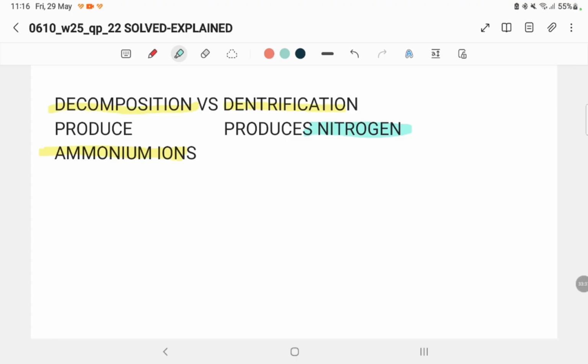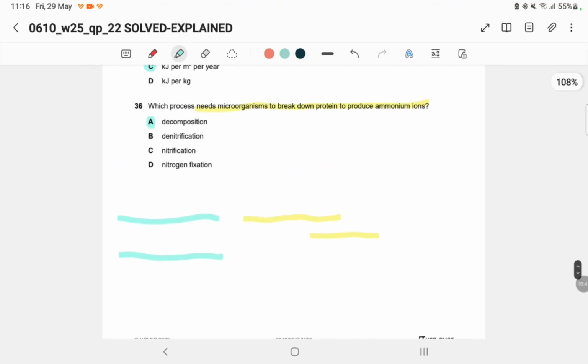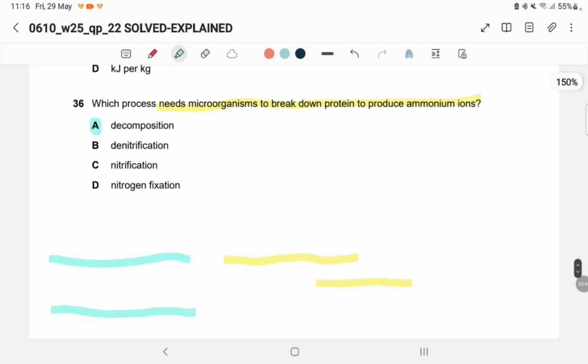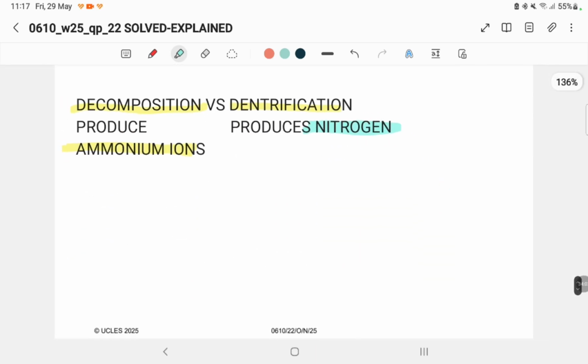The question made it very clear: it's telling you to produce ammonium ions, not nitrogen. So the answer is decomposition. Nitrification and nitrogen fixation are totally different, and you will find them in the nitrogen cycle, just go and check it. The answer for this question is letter A, and I made it clear with this comparison here.